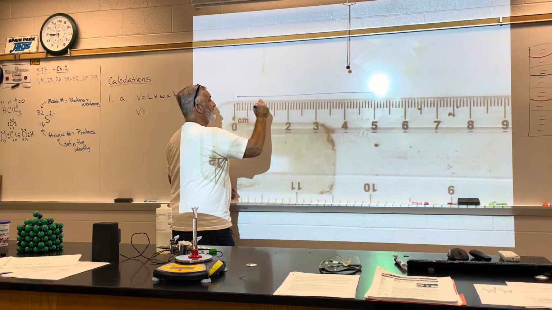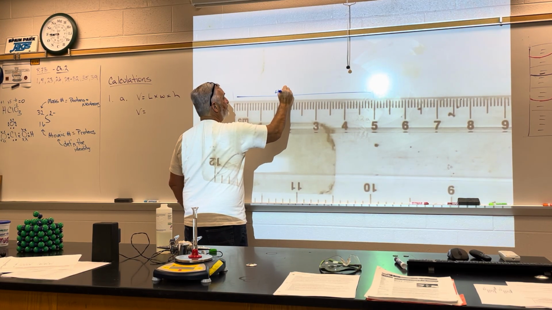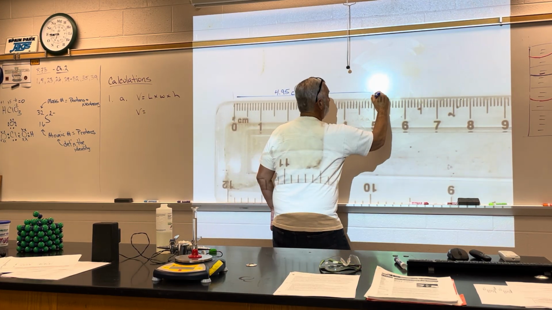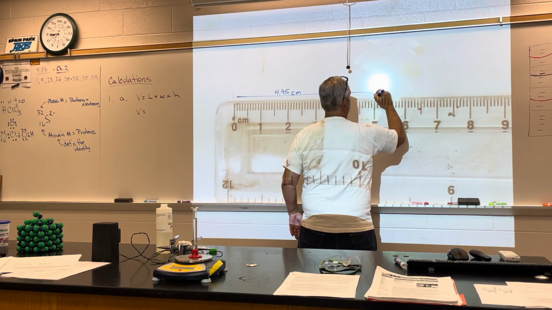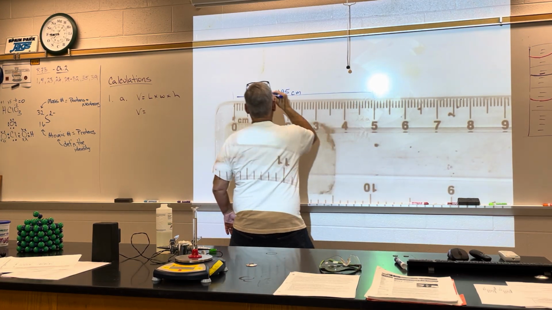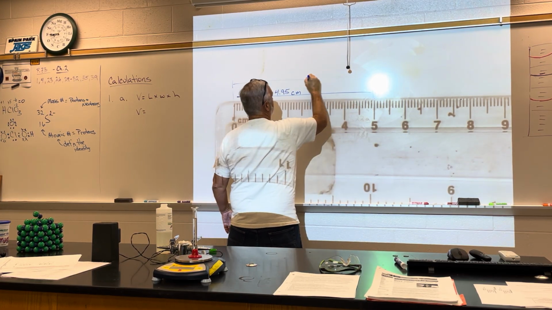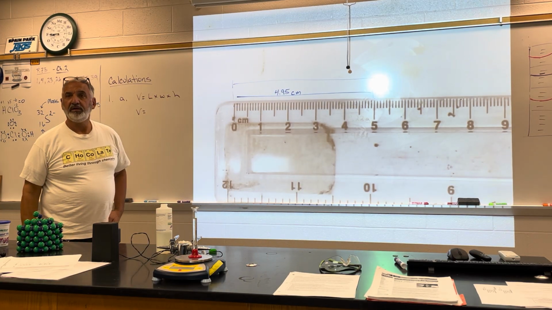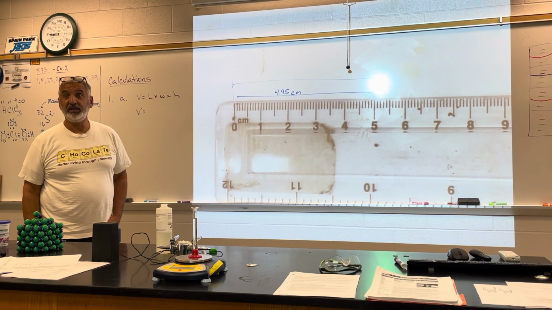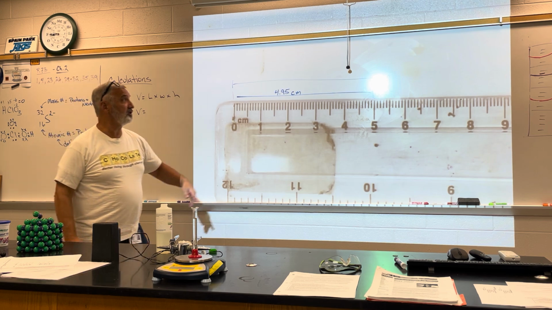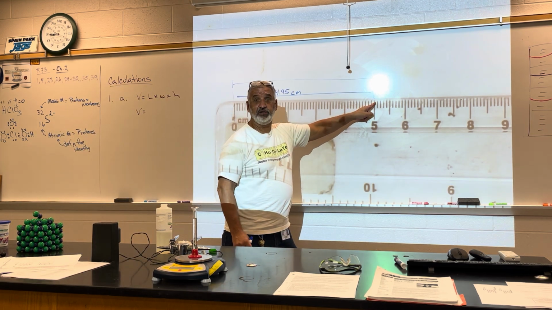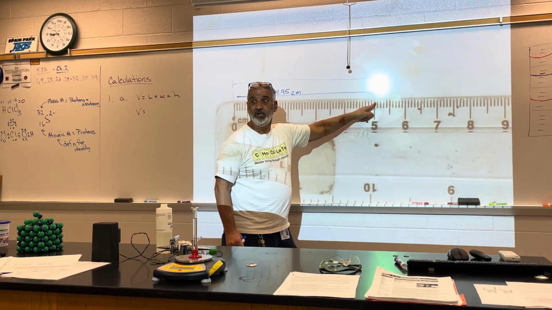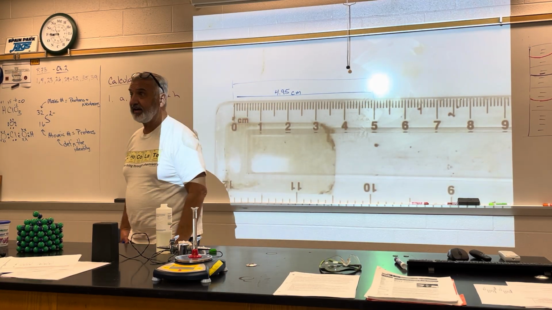That would be 4.95. And what unit is it? Centimeters. But what if it went to right here? 5.00, right? Because if we can go to 2 decimal places here, we go to 2 decimal places here, it's right on the line, it's 5.00. So make sure that we have the proper degree of accuracy.